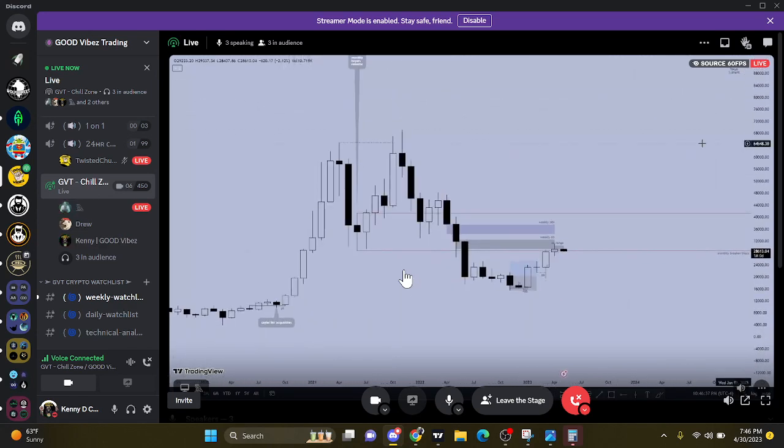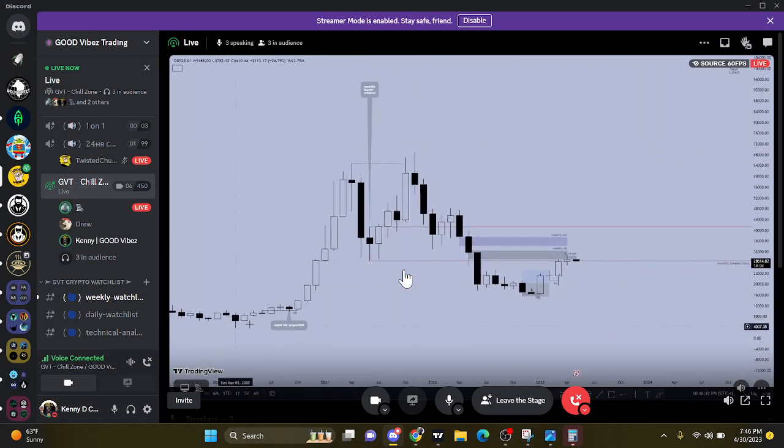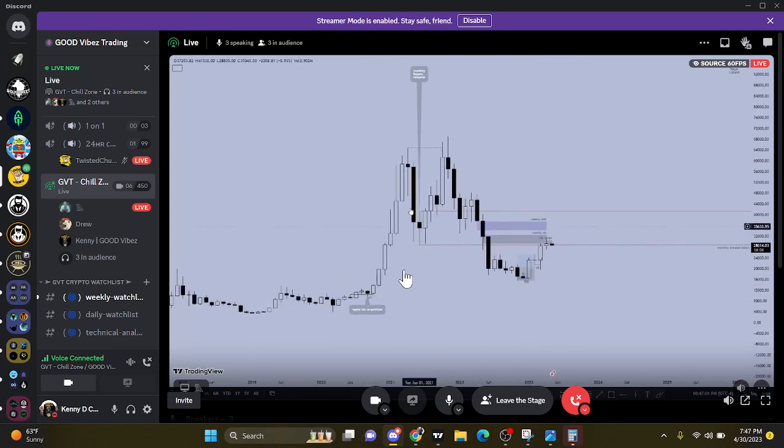This is a very important monthly level. Back here is when Michael Saylor put his entire company into Bitcoin. MicroStrategy adopted Bitcoin. This is the exact month. And what does it give you? 60K, and then reversal.